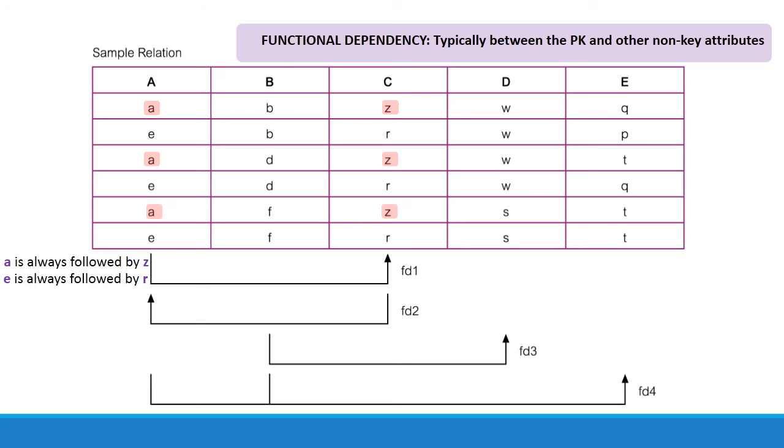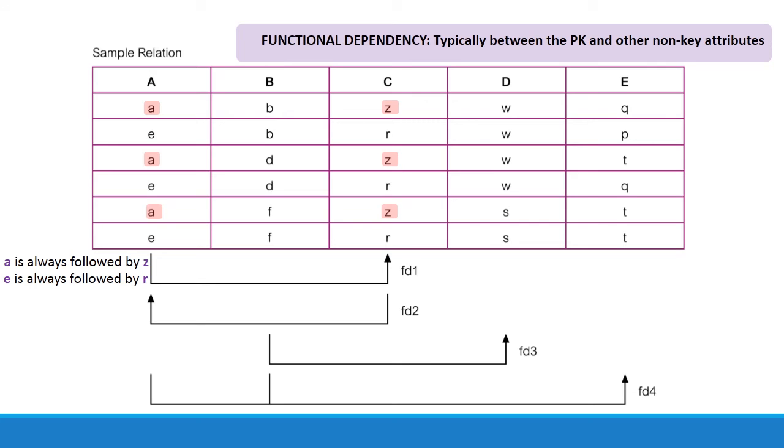We call this also functional dependency. When the value in column B is B, the value in column D is always W. B, W, B, W. And then what happened when the value in column B is D?